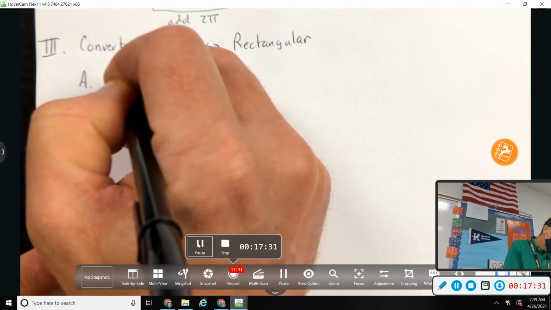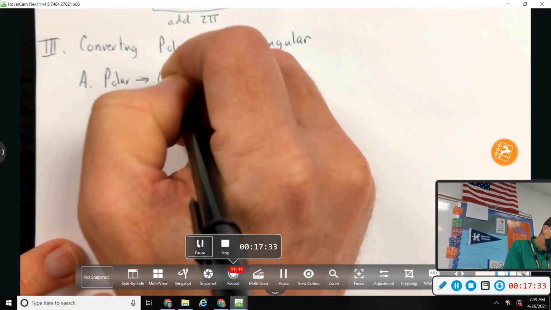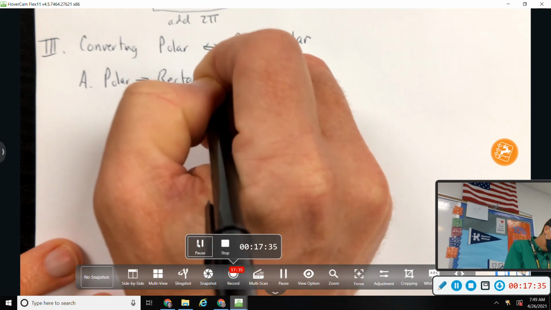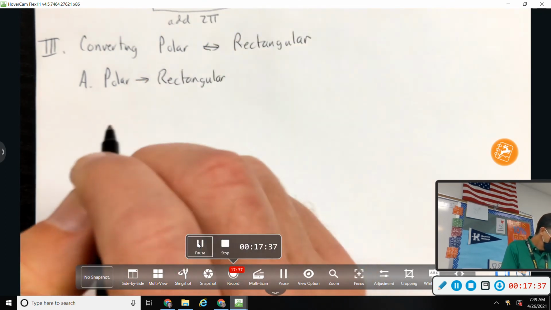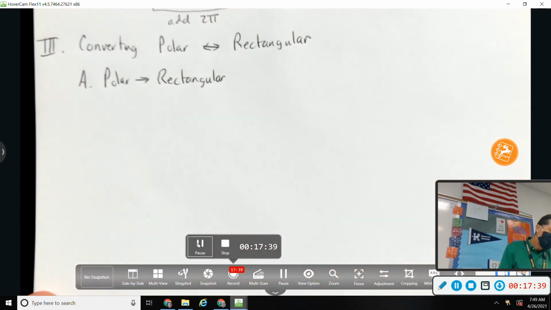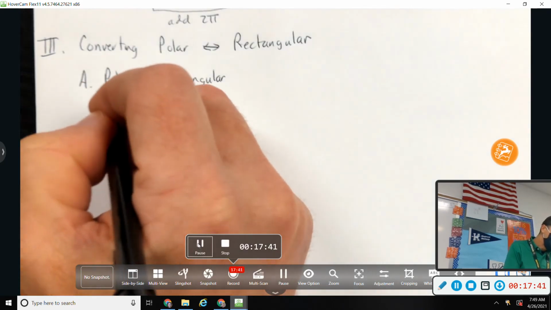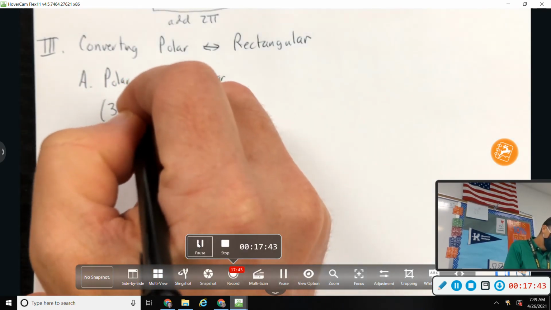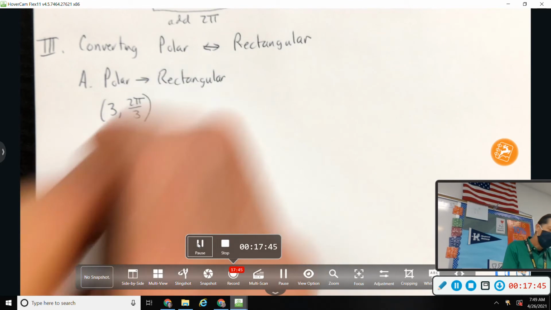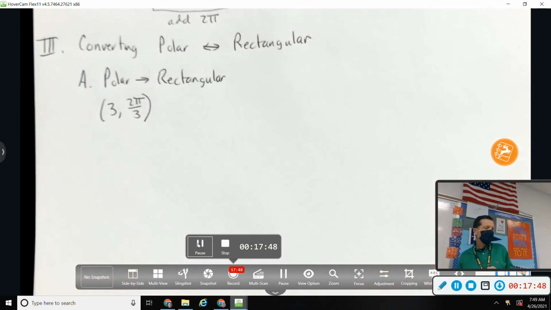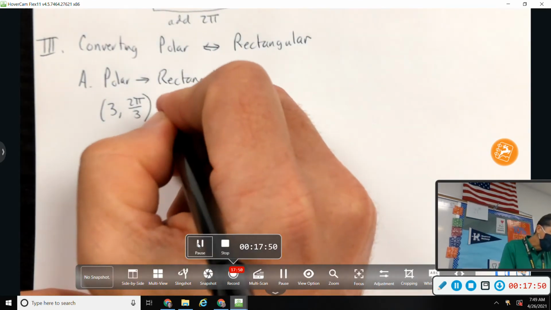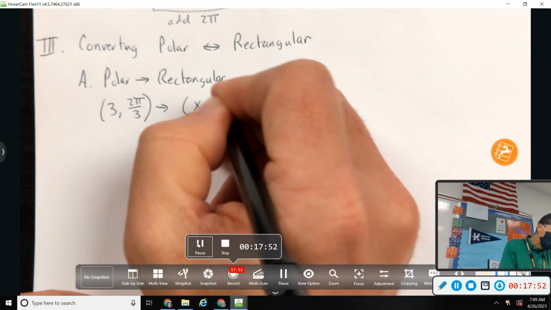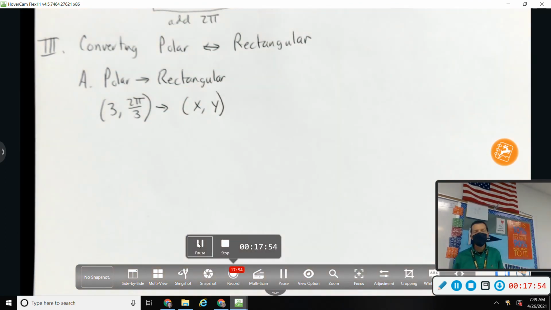So first, let's go polar to rectangular. In fact, let's use that same point, 3, 2 pi over 3. We want to turn that into an xy coordinate. So not an r and a theta, but an x and a y.